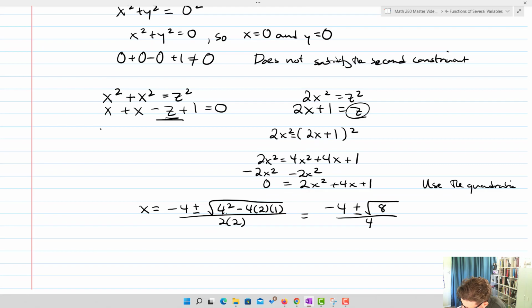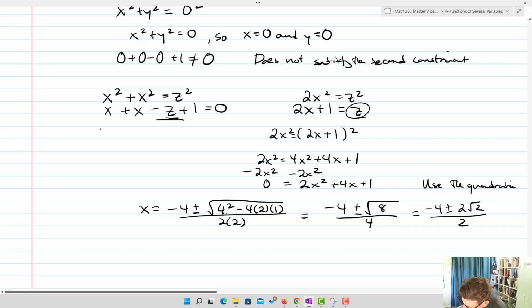We can make this negative 4 plus or minus 2 root 2 over 4, so x could either equal negative 2 plus root 2 over 2, or x could equal negative 2 minus root 2 over 2. And those are two options that we have for x.